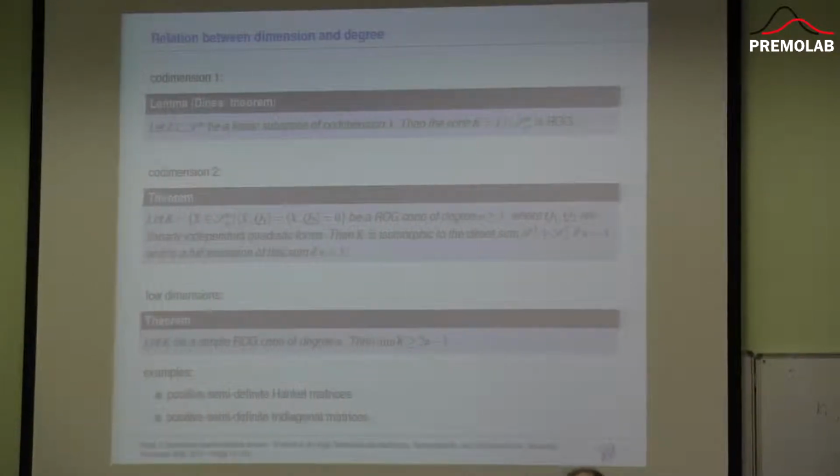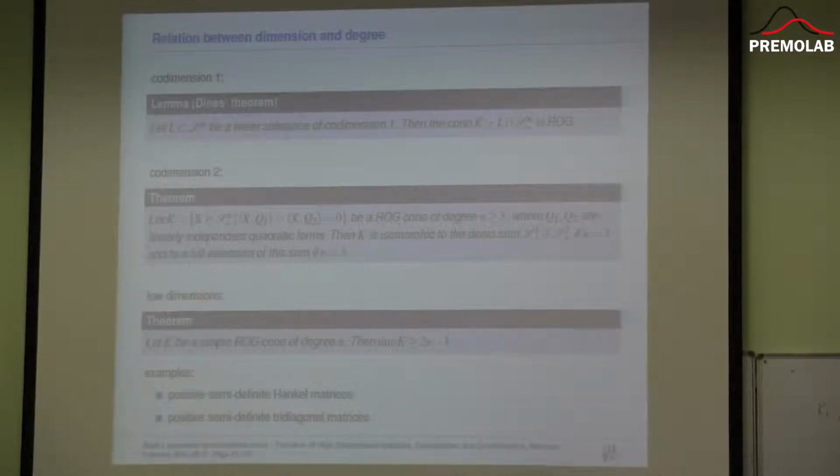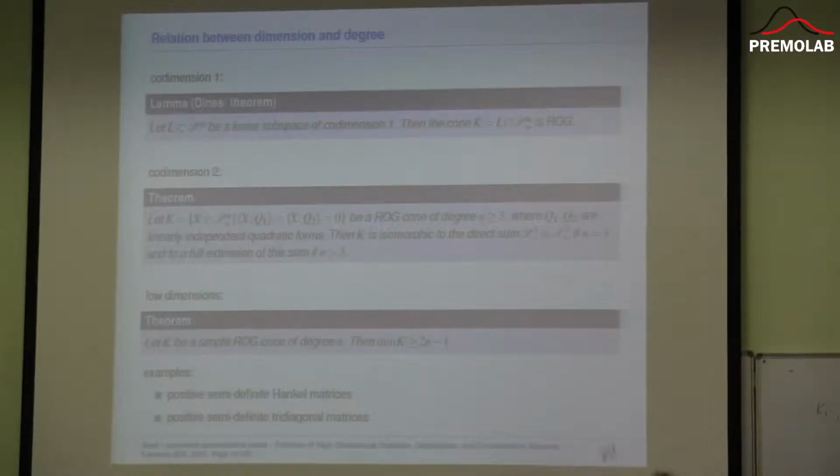And on the lower end of the dimensions, there exist also bounds. So a simple cone, which is rank 1 generated and has degree n, must have dimension at least 2n minus 1. So this is the least dimension that can be realized for simple cones. And examples are, for instance, the Hankel matrices or the tridiagonal matrices.